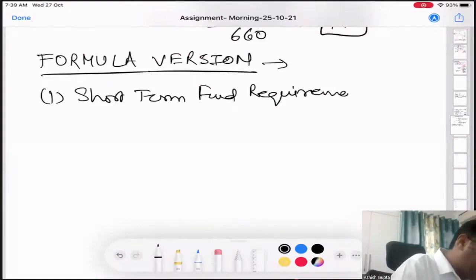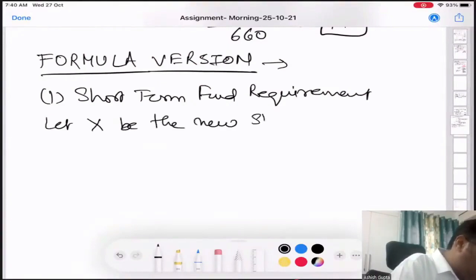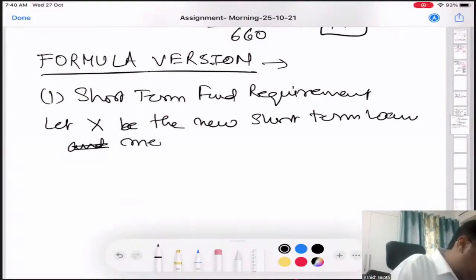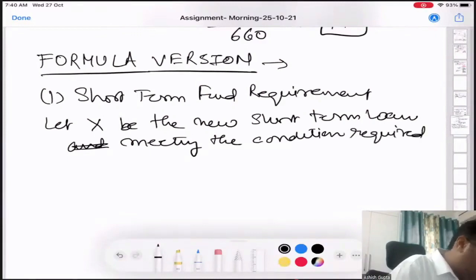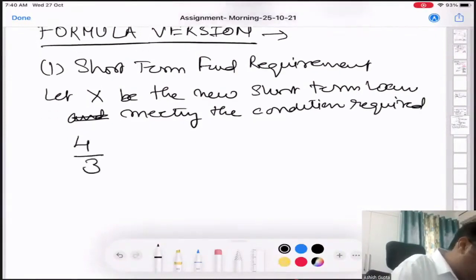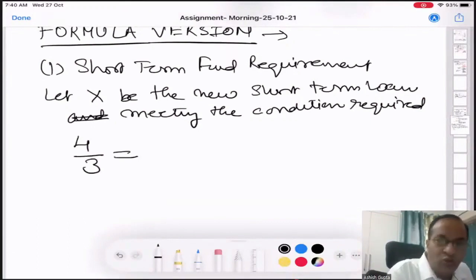Short-term fund requirement. Let X be the new short-term loan required for meeting the condition. Our condition is that there should be a proportion of 4:3.